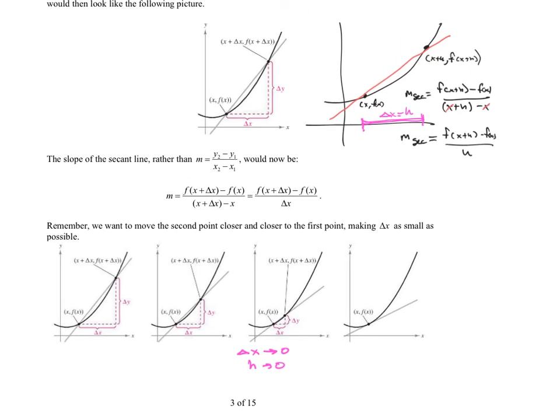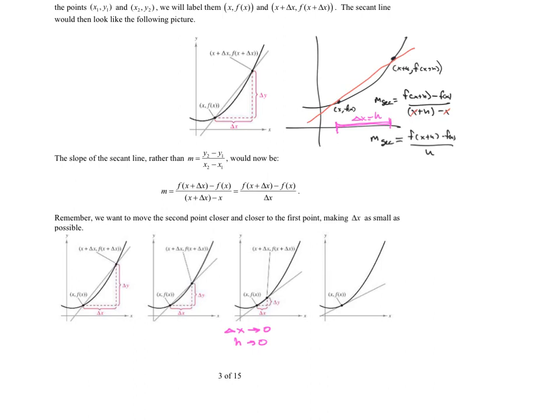I like using f of x plus h minus f of x all over h for the slope of the secant line. This is the version I like using, most definitely. But the textbook version would be f of x plus delta x minus f of x all over delta x. Remember, delta x is a change in x. It's a distance. I just like using h. My students make far fewer errors when I use h. It's totally up to you. You're going to be able to do both of those.